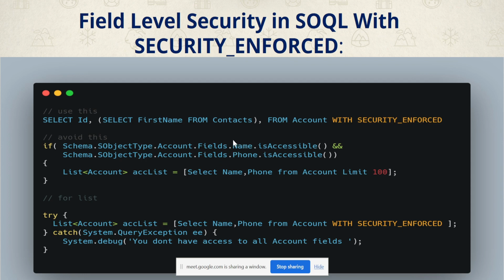But in the new technique, use WITH SECURITY_ENFORCED, only one keyword. If you use this keyword inside the SOQL, no need to worry about the whole number of lines of code. So that is another way to check FLS using an Apex class.